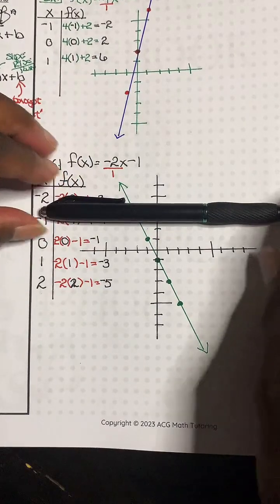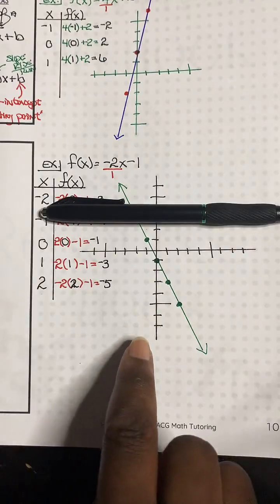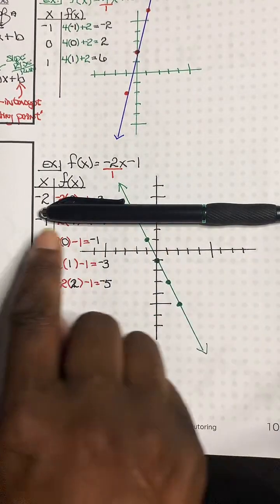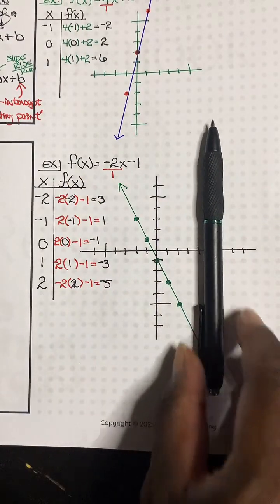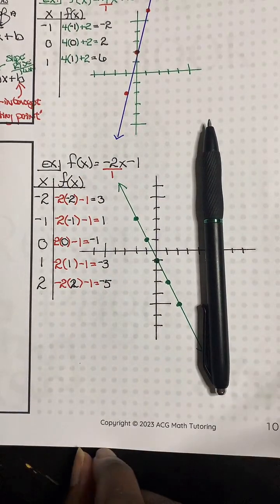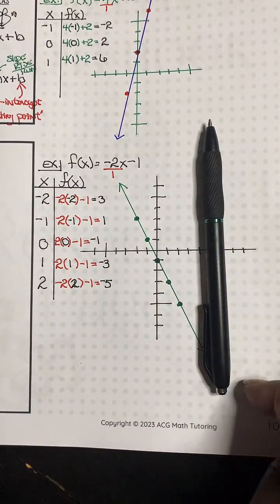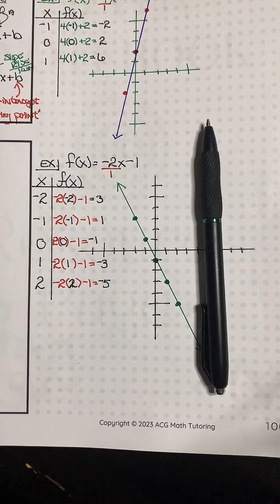If it goes just left to right like that and it only crosses through the y-axis, this is a horizontal or a 0 slope. But if it's straight up and down and only crossing the x-axis, this is a vertical or undefined slope. Okay?